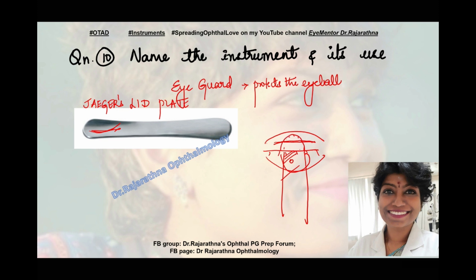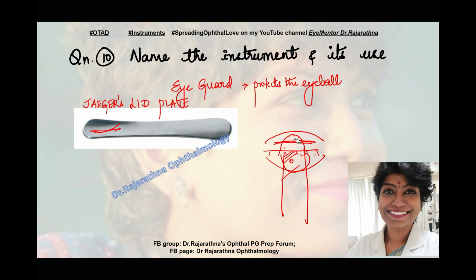So this is a nice metal plate which is going to protect the eyeball from your surgical incisions, from perforation. So it can be used both on the upper lid and the lower lid. You place the concavity facing down, so the concavity will be facing the eyeball, and the convexity is the surface over which you can stretch the eyelid.